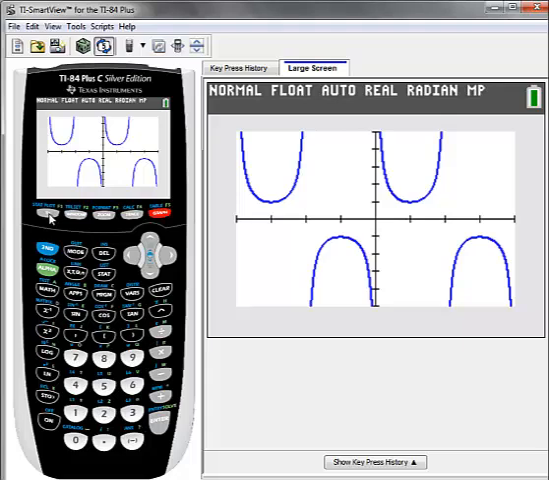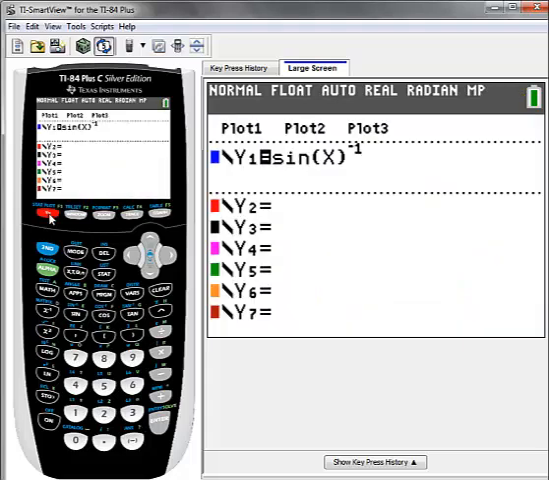If I have something like the cosecant of 2x, instead of graphing the sine of x, I'll graph the sine of 2x, close my parentheses here, and then take the reciprocal of that. Remember, when we replace x with 2x, that decreases the period of the graph.